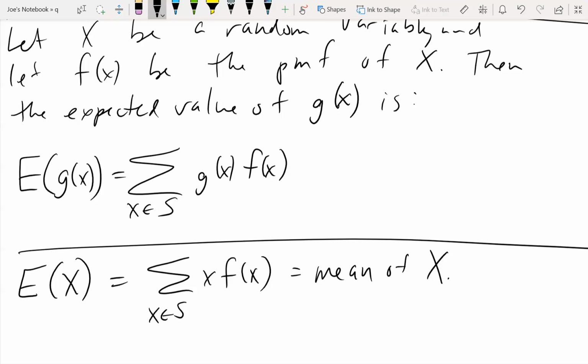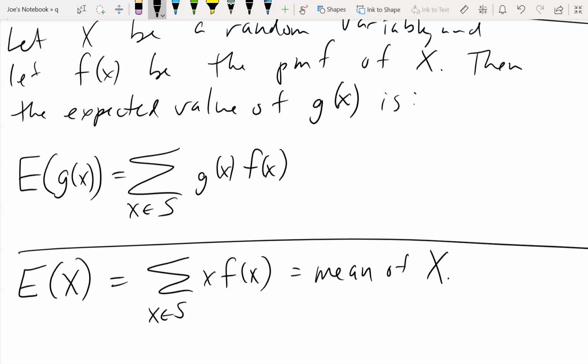If you're a physics person, think of it this way: what you're basically doing is computing the center of gravity. You've got these weights associated by where they are. The f of x is giving you the size of the weights, so the x is the location of the weight. So it's finding the center of mass, center of gravity. That's what the expected value does.